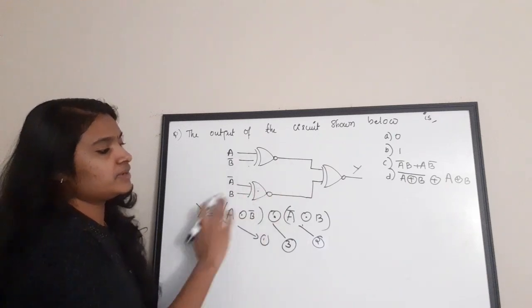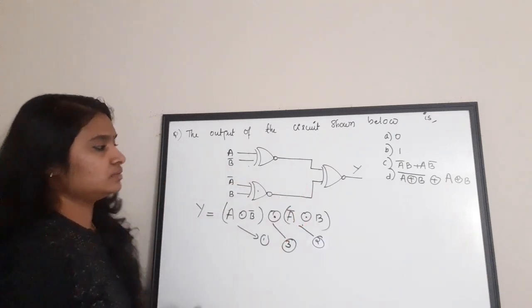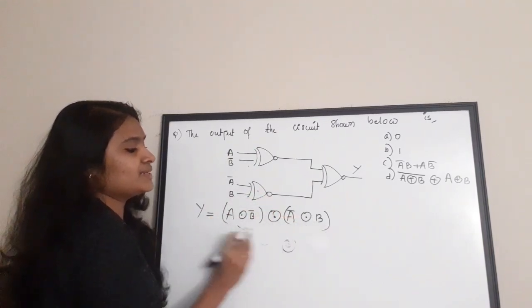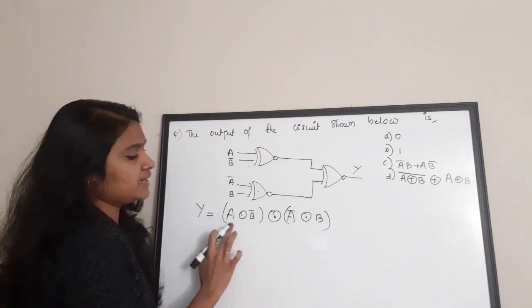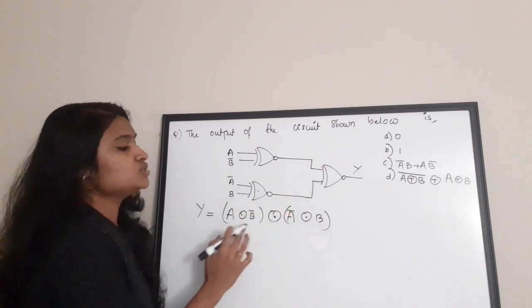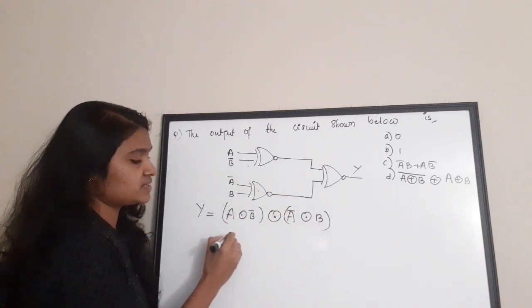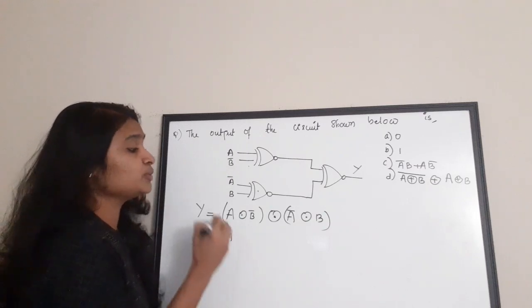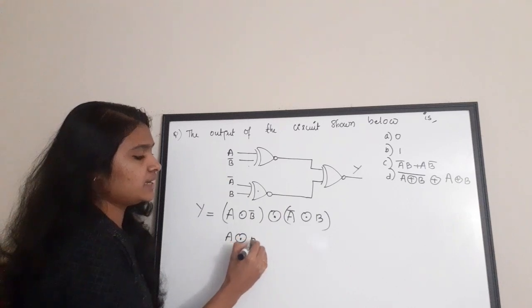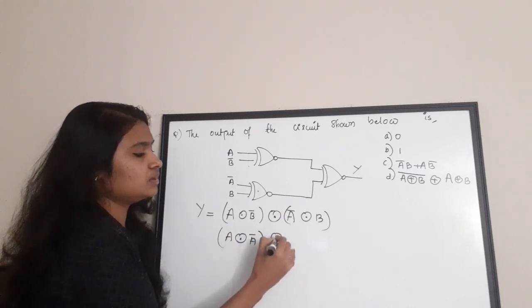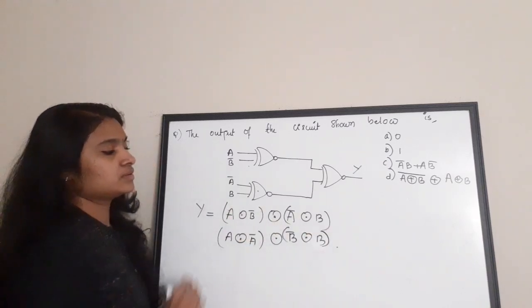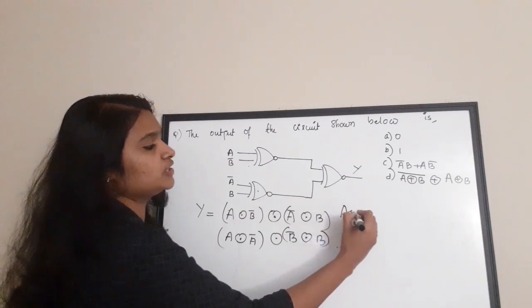I've written a simple expression to constitute this circuit: A XNOR B bar, XNOR A bar XNOR B. Using the associative property, which is a famous property in digital electronics or in Boolean simplification, you can write this as A XNOR A bar, XNOR B bar XNOR B. This is called associative property.